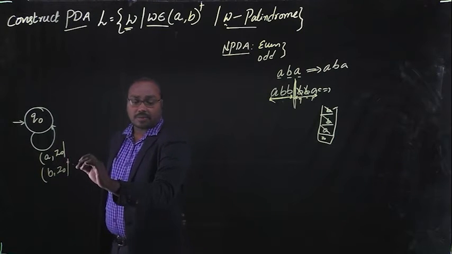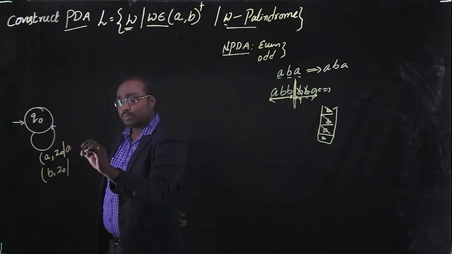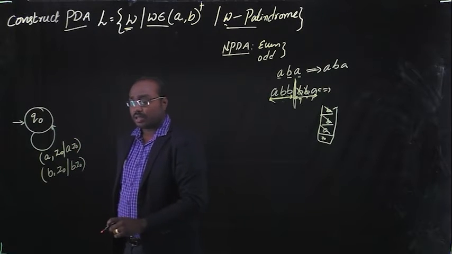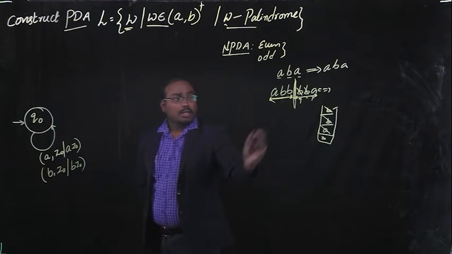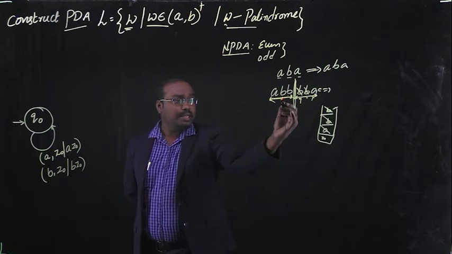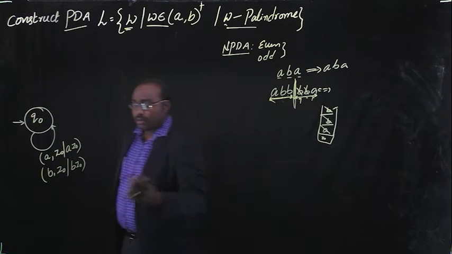With the stack's top symbol Z0, we have to push those elements onto the stack as A Z0 and B Z0. Then for the next input symbols, A or B, there are four possibilities.